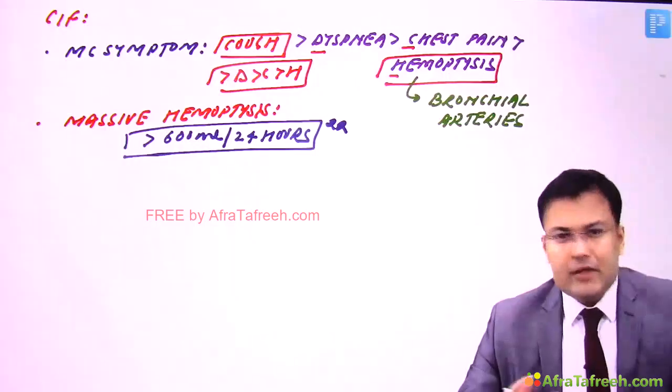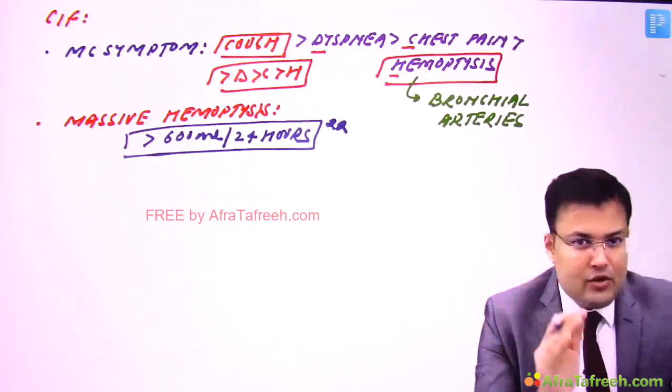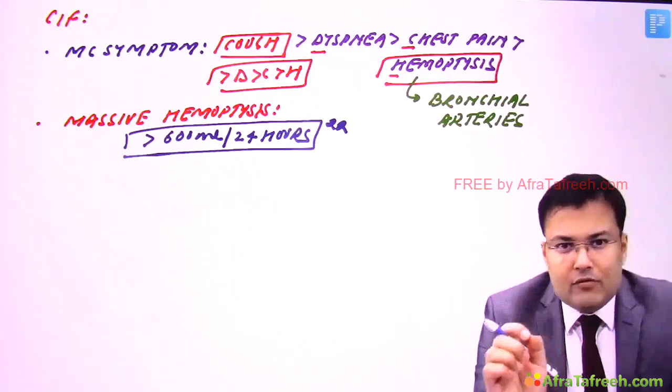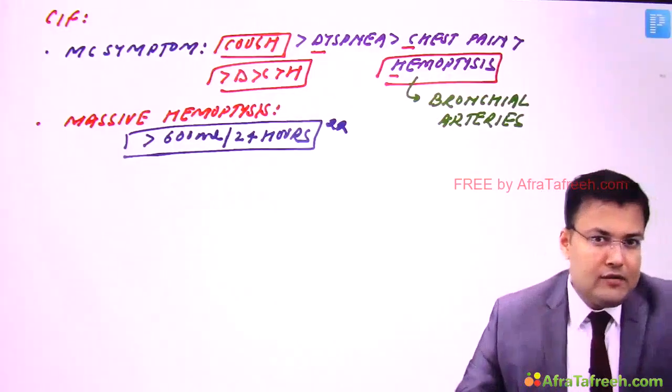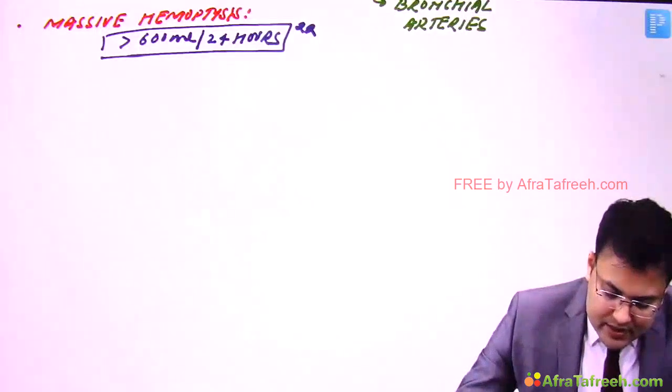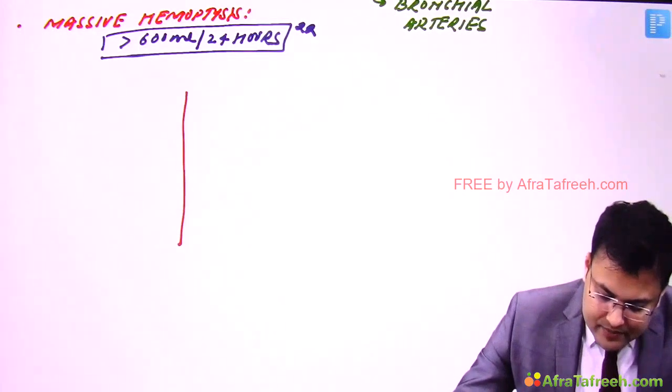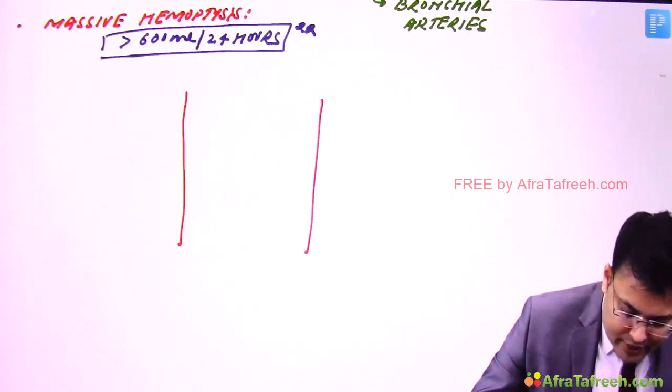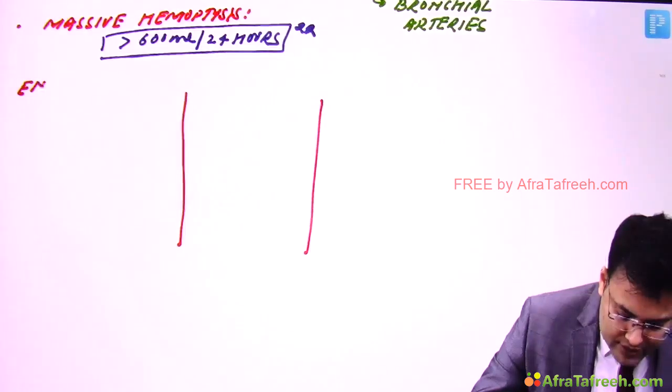Clear? Now we are going to discuss the group of symptoms because of endobronchial growth, because of involvement of chest and pleura, and because of regional spread. Okay. So the symptoms are divided into three categories. First, because of endobronchial growth.